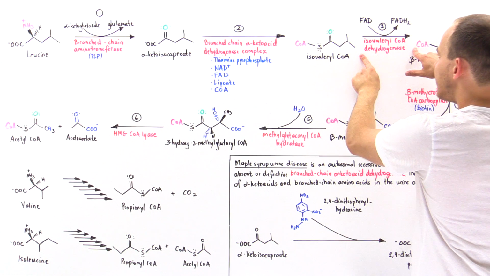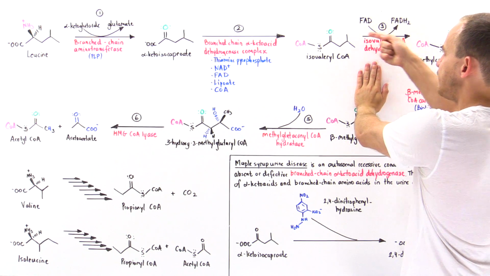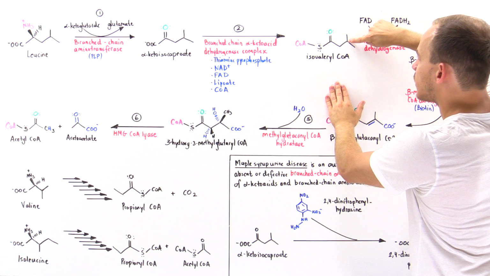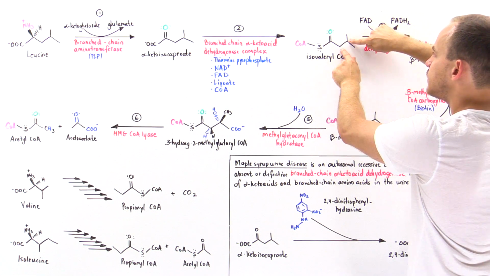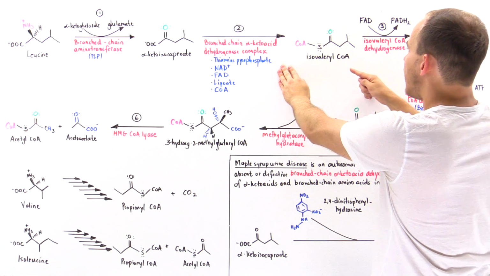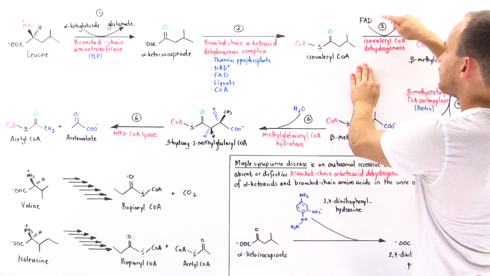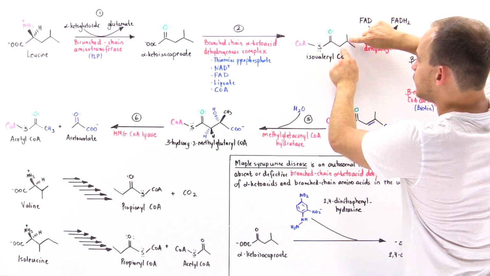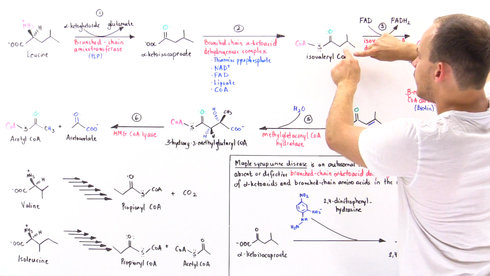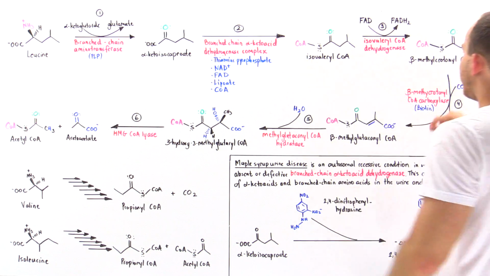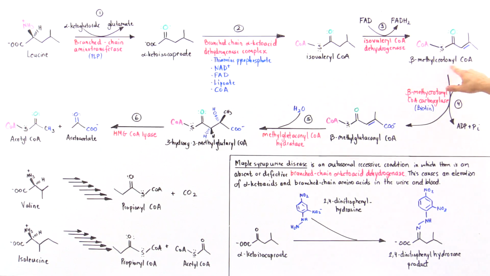It uses FAD to abstract an H atom from this carbon and an H atom from this carbon. So it essentially oxidizes this molecule. It reduces the FAD into FADH2, and the 2 electrons left over are used to form a pi bond between this carbon and this carbon. And so we transform this into beta-methylcrotonyl coenzyme A.